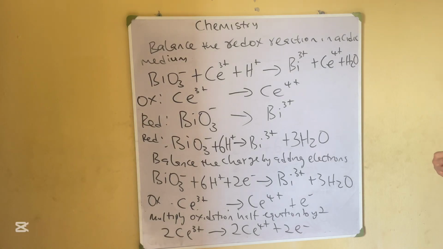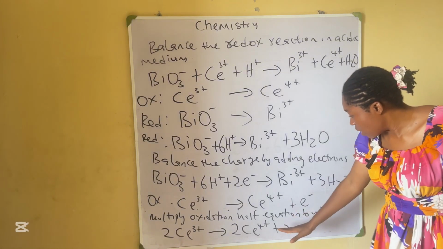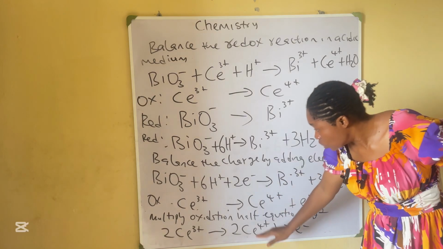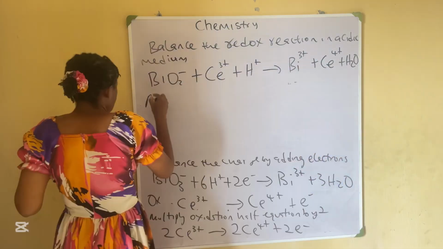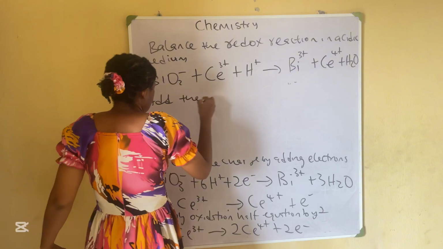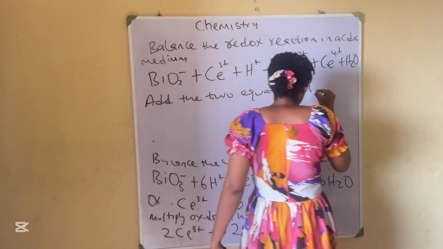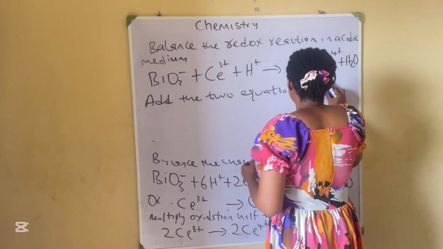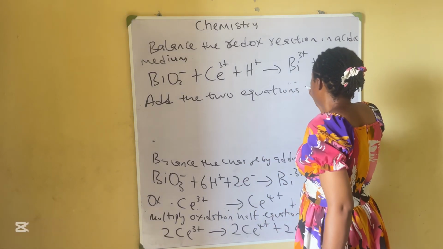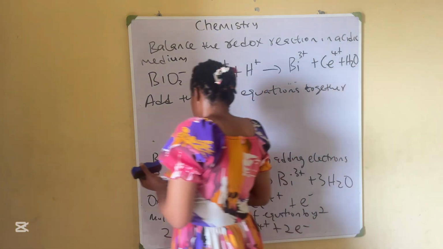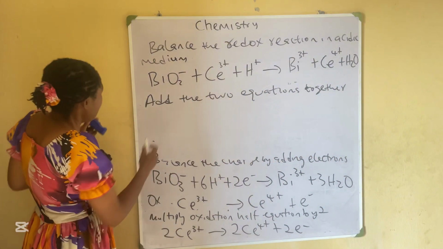So the next thing I'm going to do is to add the 2 equations together. Since I have 2 electrons here and 2 electrons there, the electrons will cancel out. So I add them together.